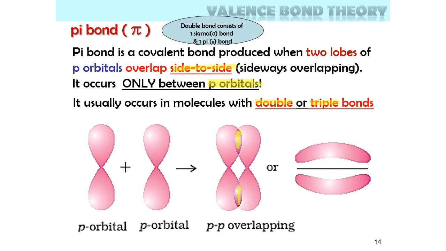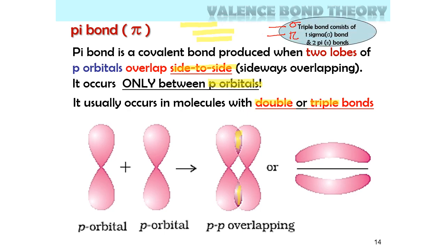The thing that you need to know here: if you are dealing with a double bond, it involves one sigma bond and one pi bond. So for a double bond, one sigma, one pi, remember? For a triple bond, 1, 2, 3, triple bond means there is one sigma and two pi.